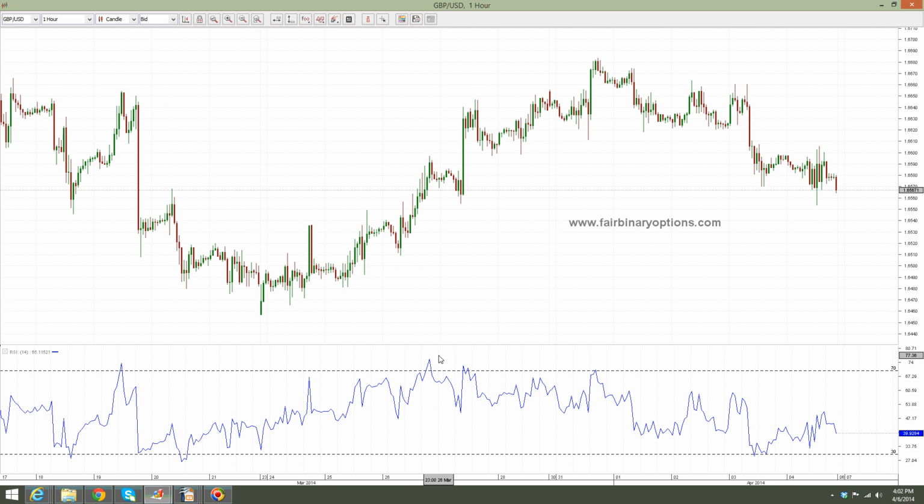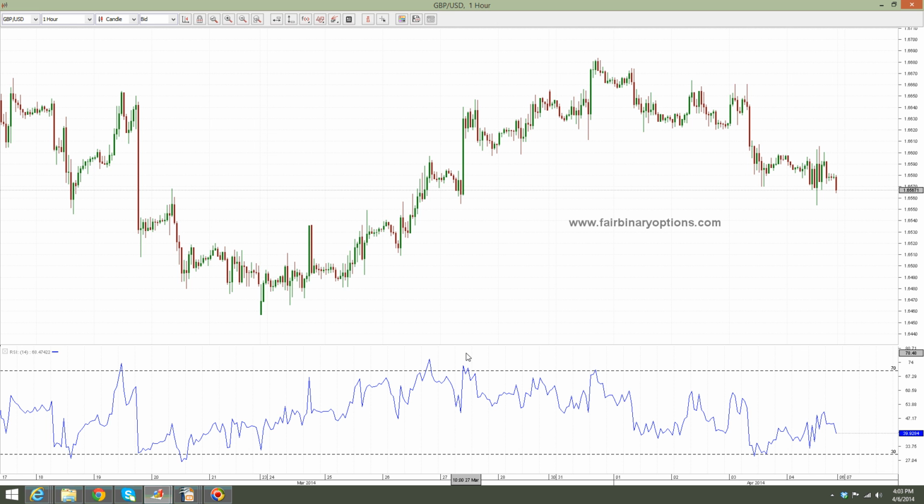Why? Because, for example, here, as you can see, price makes a high, the oscillator makes a high. Price makes another high, but the oscillator fails to make another high compared with the previous one. Well, this is a divergence into the overbought area, and normally we should look into buying put options from that moment on. It gives us a clue that somebody or something is lying here.